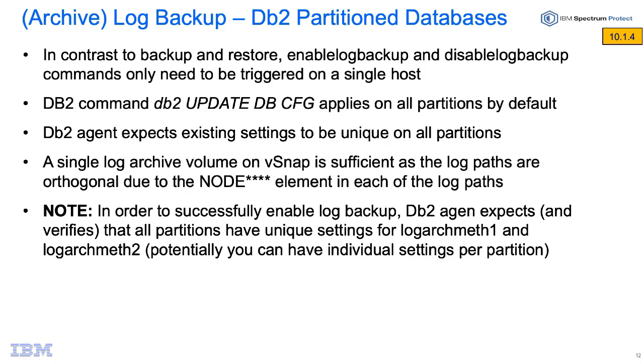But since we are only using a single vSnap volume, we are going to require that all of the partitions have unique settings for LOGARCHMETH1 and LOGARCHMETH2. If that isn't the case, when you go to configure the SLA and do the discovery, the DB2 instance and/or database will be marked with a not available for backup symbol. So you'll have to go in and change that.